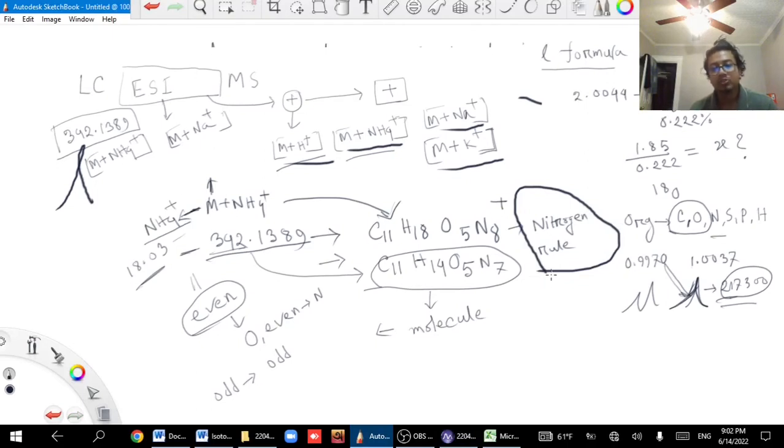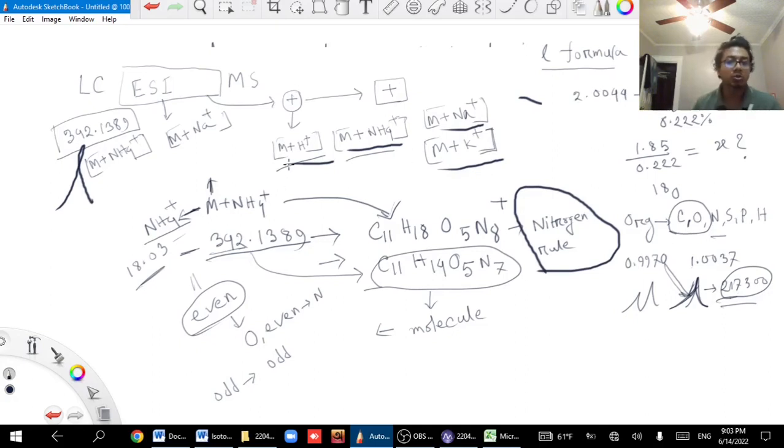The nitrogen rule is only applied to molecules. So we got a charged particle here, that's why I need to find out which peak it is, M plus H or M plus NH4 or something else, and then I need to subtract that value.